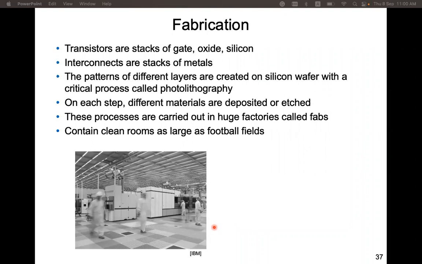So from the structural point of view, transistors are just stacks of polysilicon gate, oxide, and silicon, and interconnects are stacks of metals. And this pattern of different layers is created on the silicon wafer with a critical process called photolithography.